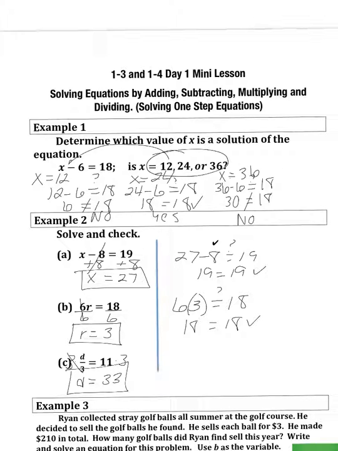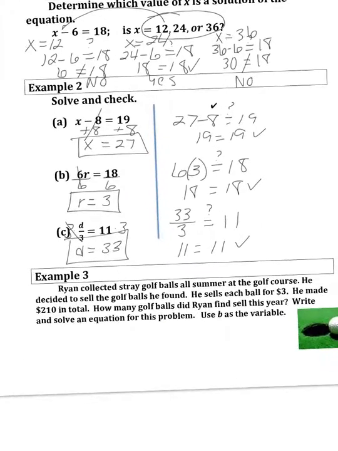And so our final check step here would be to put the 33 in where we see the d, 33 divided by 3, and we want to know, does that equal 11? And of course it does. Check. So we are sure about that. And then now we have example 3 down at the bottom. So let's take a look at that one.